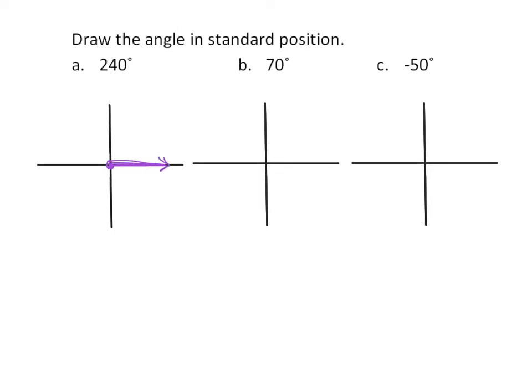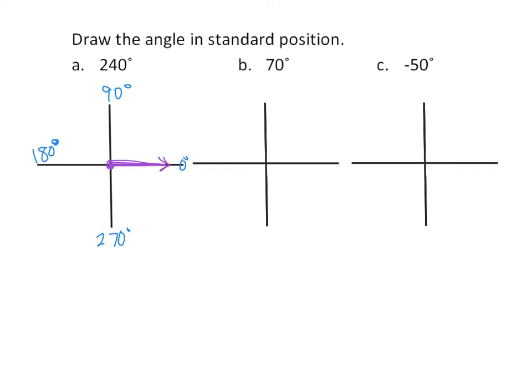Now, using the degree guides we had on the previous screen, which was 0 degrees, 90 degrees, 180 degrees, adding another 90 would give us the 270 degree angle down here. Where would 240 degrees be? Well, 240 degrees would be in between 180 and 270, of course.